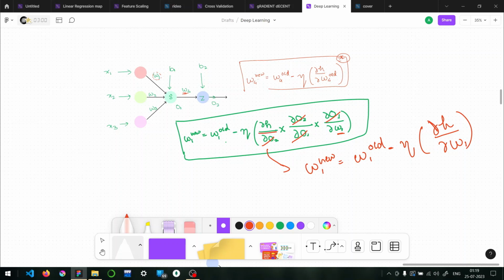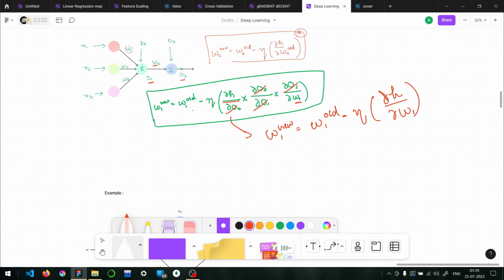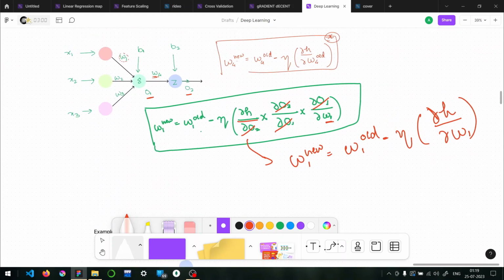So that is how I wrote this function in this manner. First thing you have to see is how many outcome values you are having from specific functions. Let's suppose you had to update the value of W2. While propagating in the backward direction, the first output you are getting is O2, so the weight updation is dependent on O2, right?